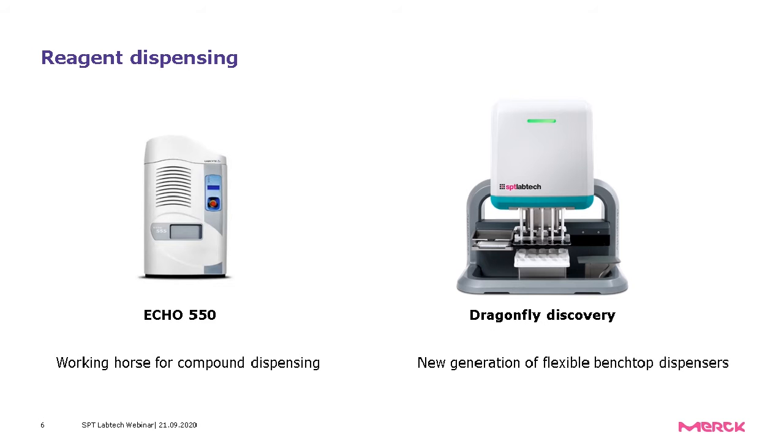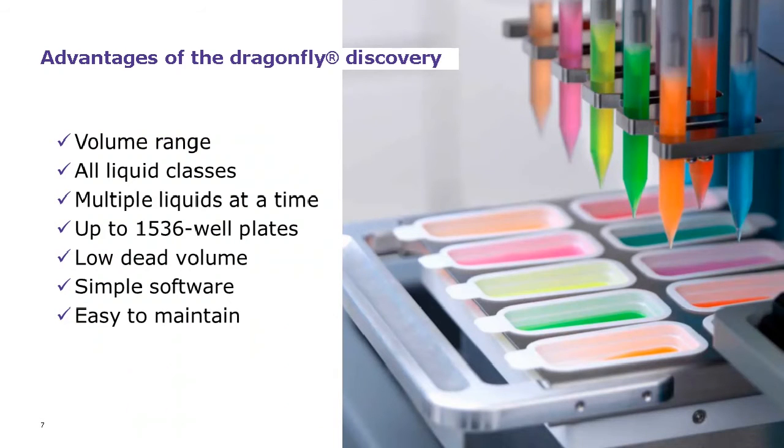What was really important to us is that this dispenser has certain prerequisites, and we decided to acquire the Dragonfly Discovery for these reasons. It has a very high volume range. It can dispense all kinds of different liquid classes.